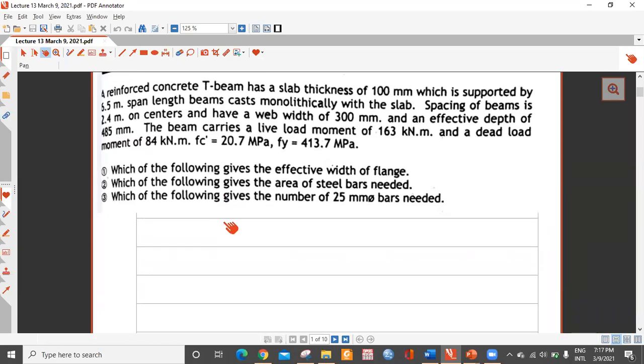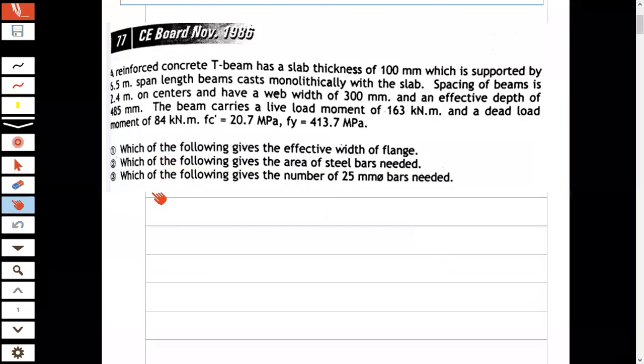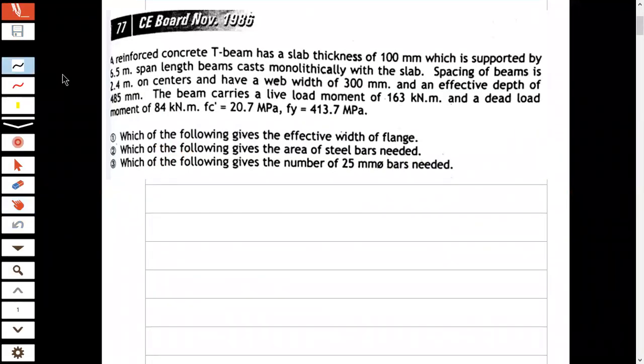So ang drawing natin, so we have here our T-beams.